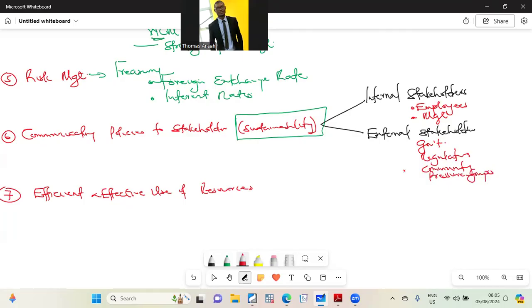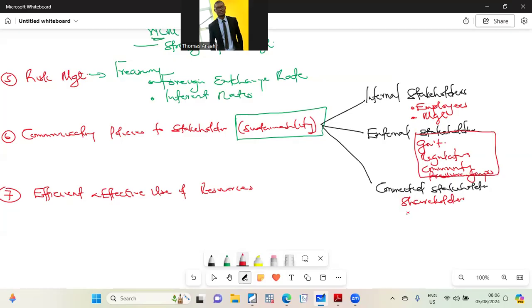But when you talk about people like the customers, the shareholders, the suppliers, the banks, the competitors, we don't call them externals. We call them the connected stakeholders. So please be very careful not to confuse the connected stakeholders with the external, because here we are looking at the shareholders. They are connected to the entity. These people are far from the entity a little.